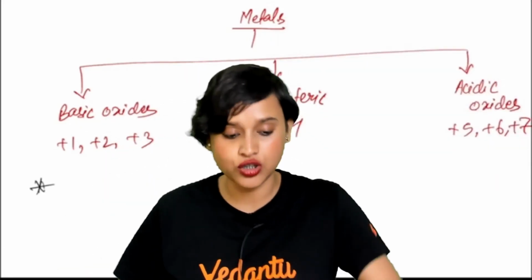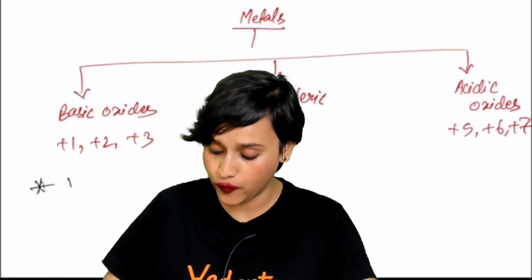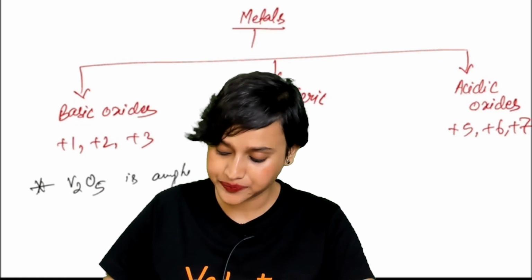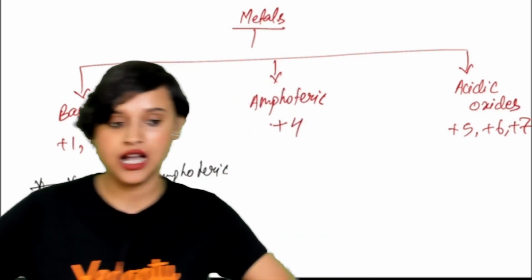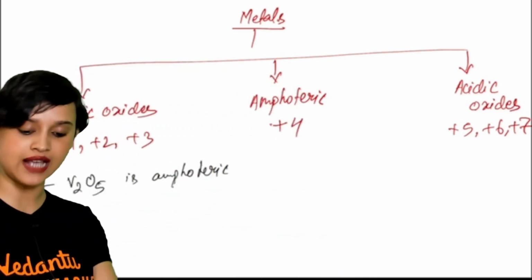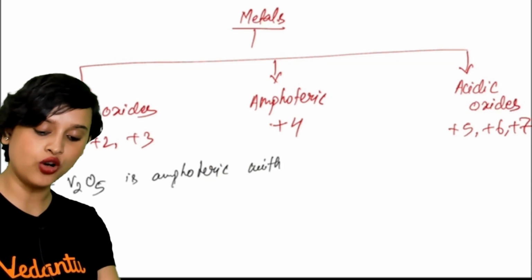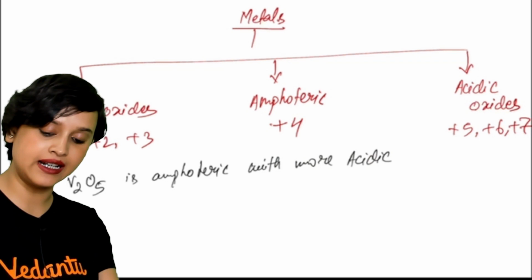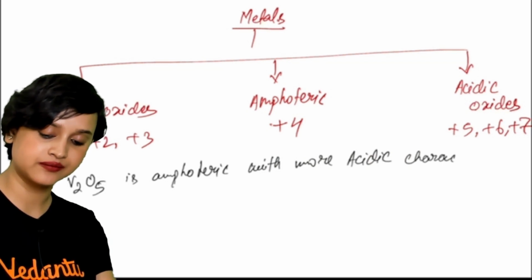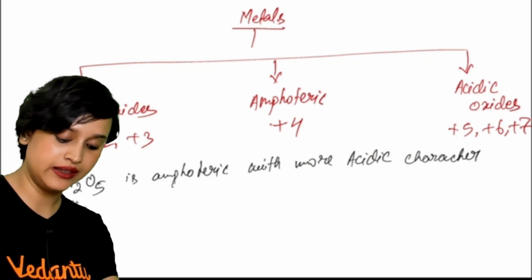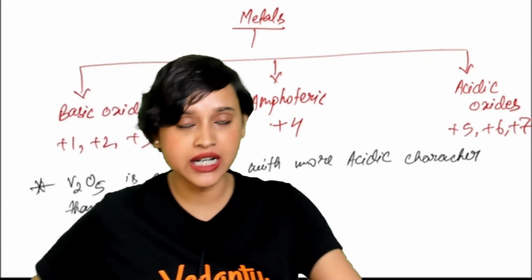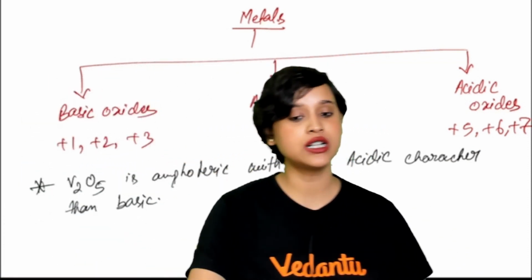Please do make a note of it, everyone, that V2O5 is amphoteric, but with more acidic character than basic. Are you all clear with this?